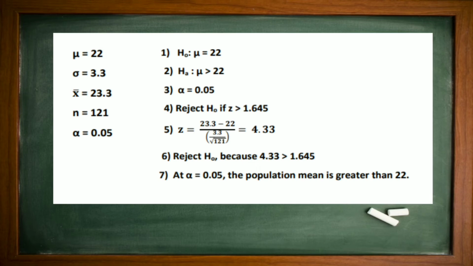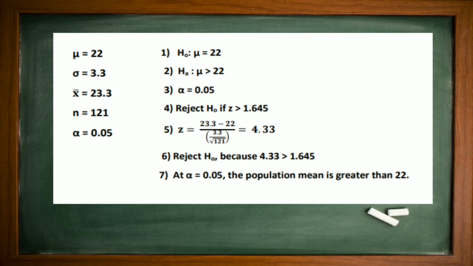So, ayan po yung formula na gagamitin natin. There we have Z equals the sample mean minus the population mean over the population standard deviation divided by the square root of n.